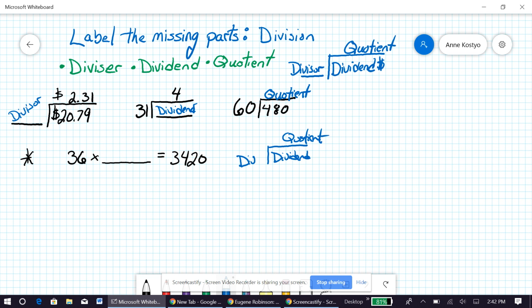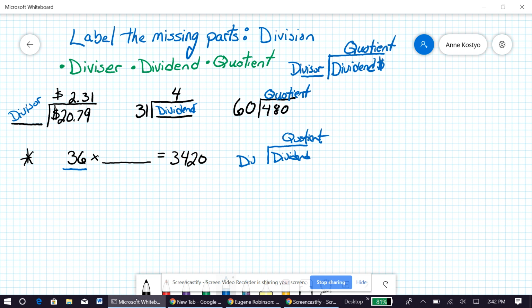So we have to do a little bit of manipulation, and we have to understand what is going on here. Well, we know that we're going to have 36 times something will give us 3,420. So we are going to take this 36 and do the opposite.